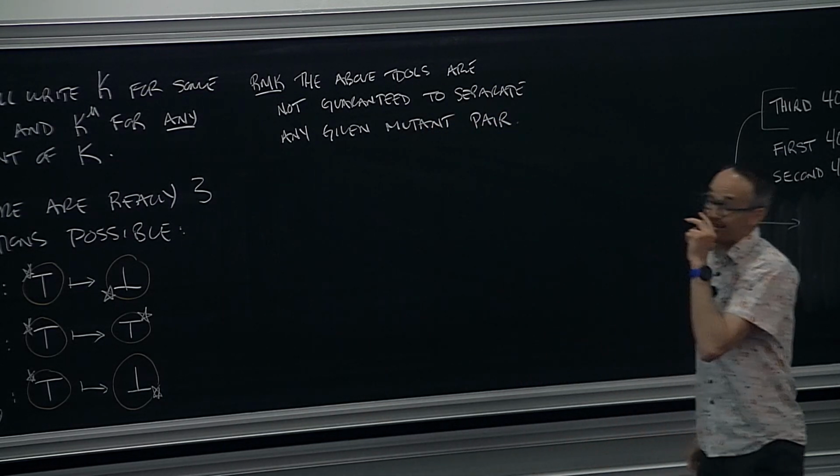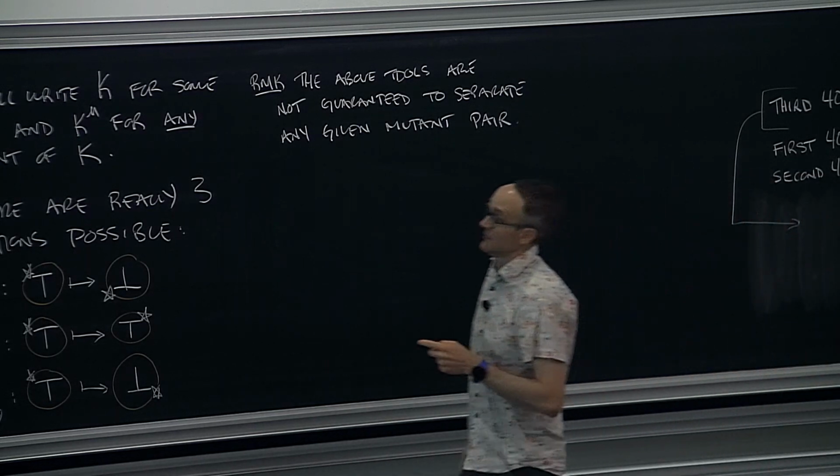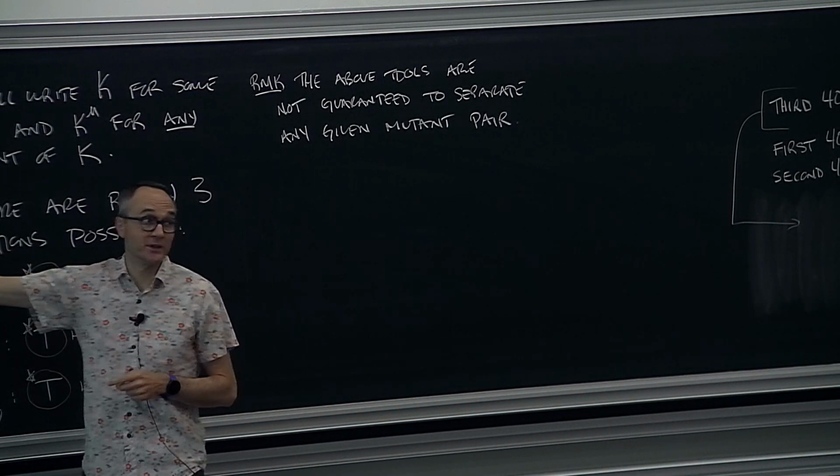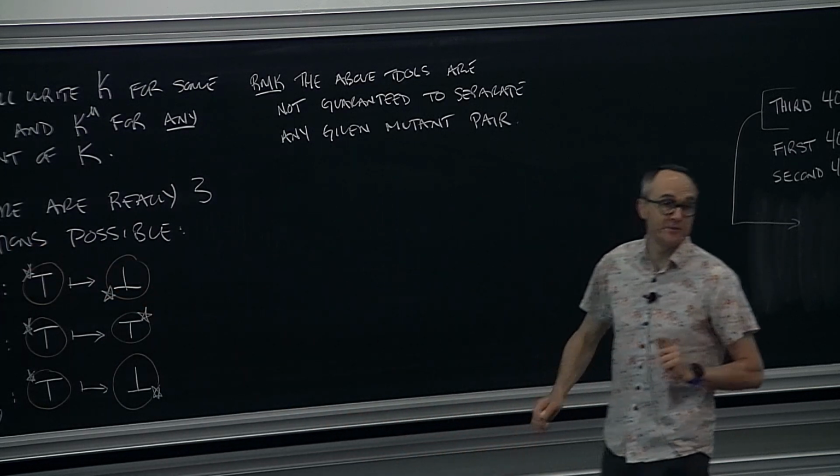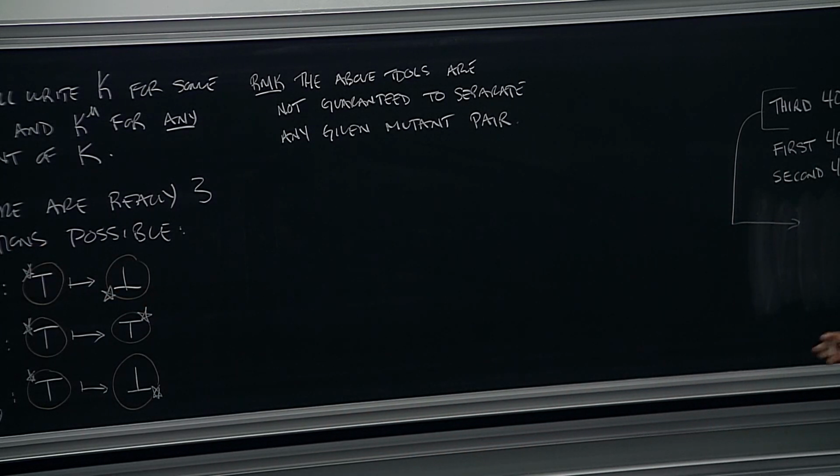I will say that I think in practice, these types of tricks seem to work phenomenally well. But I'm not sure that there's a proof that it will always work.